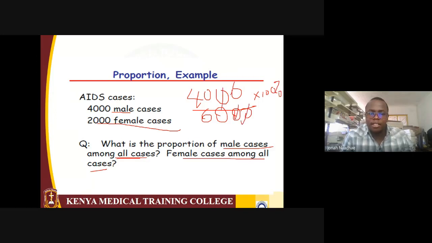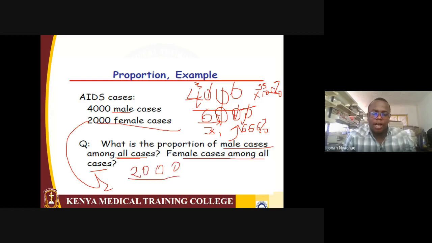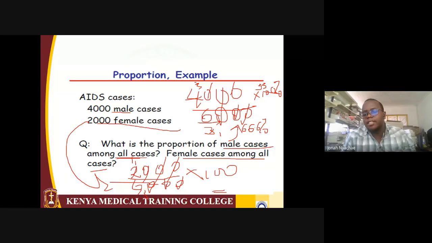So 2 here, 3 here: 33.3 times 2, that is around 66 point something percent. So that is the male cases. The proportion of female cases is 2,000 over 6,000 times 100, which is 1 over 3, so a third, or 33%.